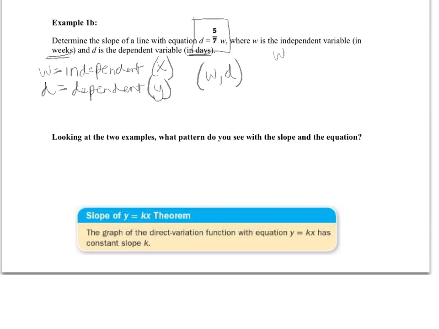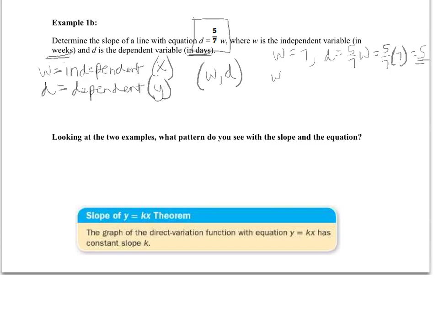So if w equals 7, then d equals 5/7 w, and if w is 7, d would equal 5.